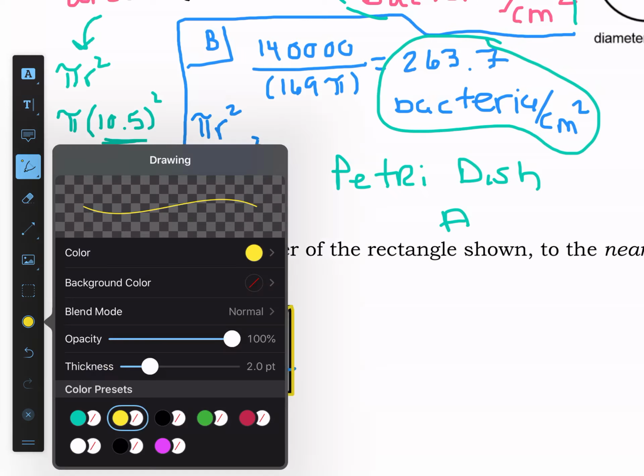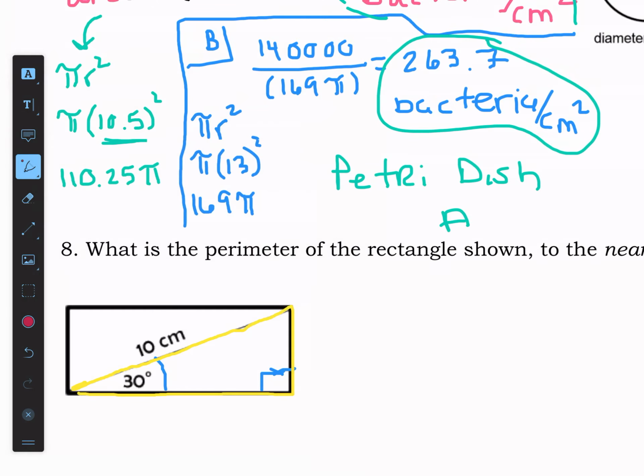And we're going to use SOHCAHTOA to help us find the 2 missing sides. Now, once we find those, we're good because the opposite sides of a rectangle are congruent. So I'm going to label this as X and I'll label this guy as Y, okay?